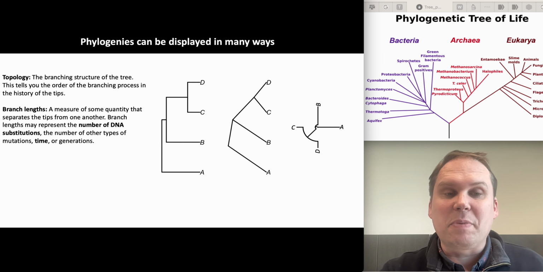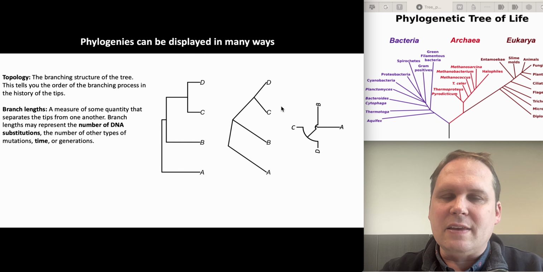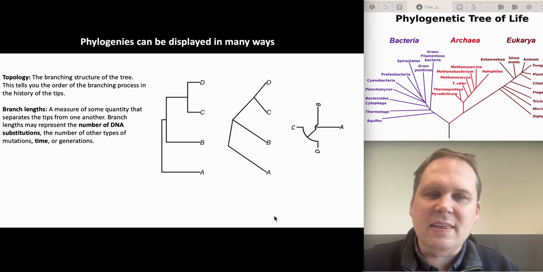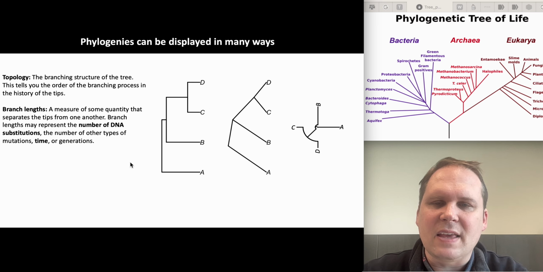Tree topology is branching, and the branching process is the evolutionary process that leads there. So these are all equivalent trees. They have the same branch lengths, and they connect up in the same way. So D and C are always close to each other. And here again, it's only this part and this part that matter. And I think some of these are shown at different scales, like I think this one's at half the scale of the others.